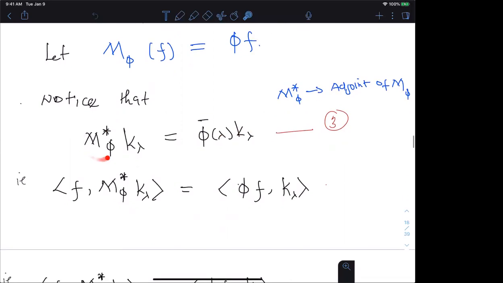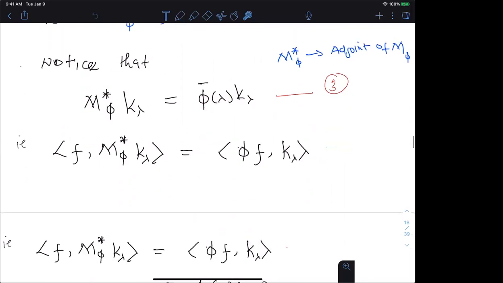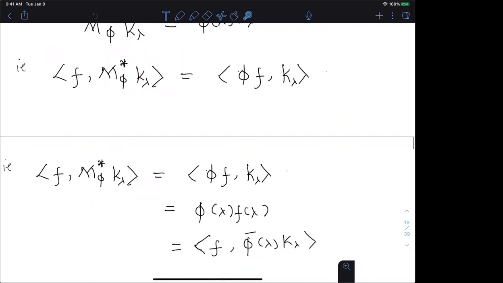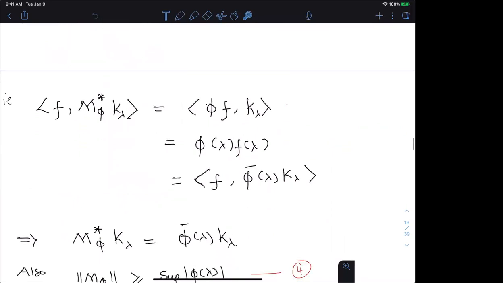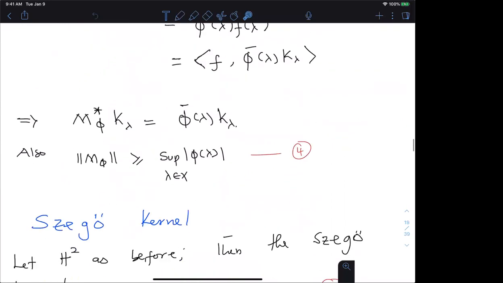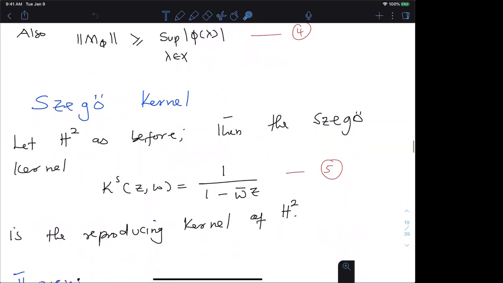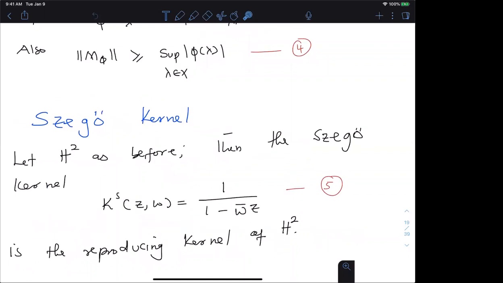The adjoint of the multiplication operator. So I think it's almost clear. This was just to convince ourselves that it is actually true. Now, from that statement, we see that the norm of the multiplication operator is greater than or equal to the supremum of the multiplier over the whole set. In a bit, we will obtain the reverse inequality and actually know that these two terms are equal.